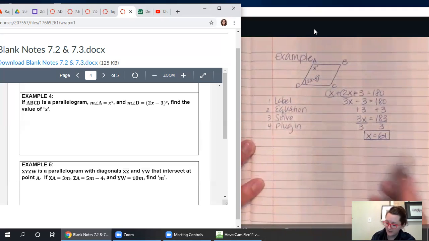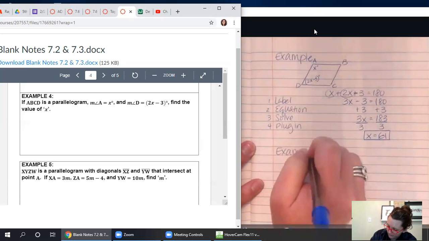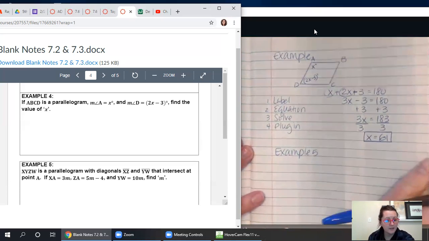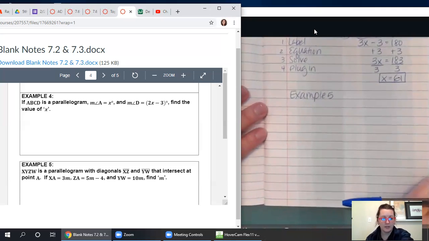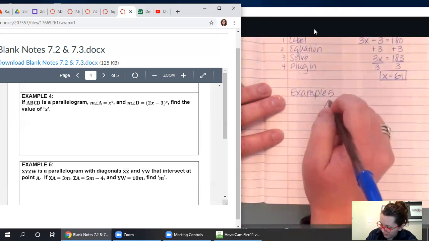All right, let's look at example number 5. Example 5 says, XYZW is a parallelogram with diagonals that intersect at point A. So let's see. Drawing first, then we can label.